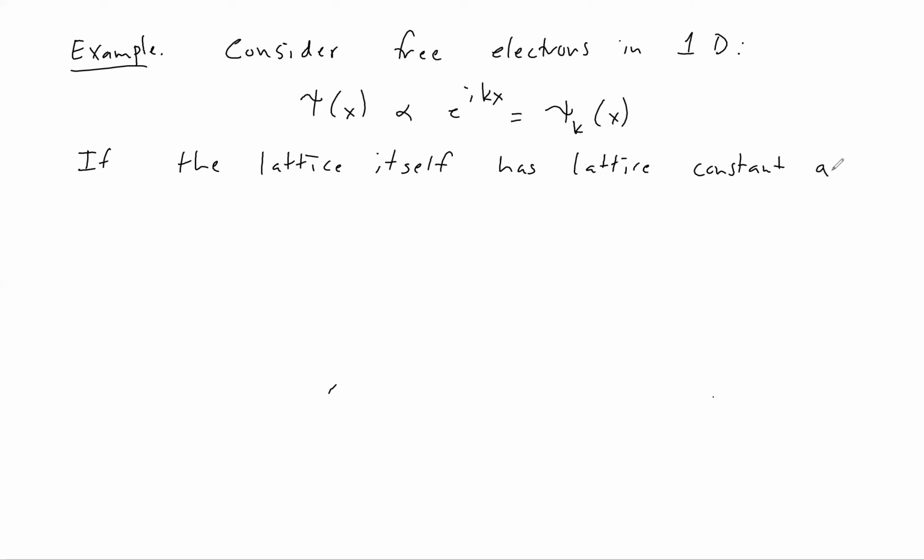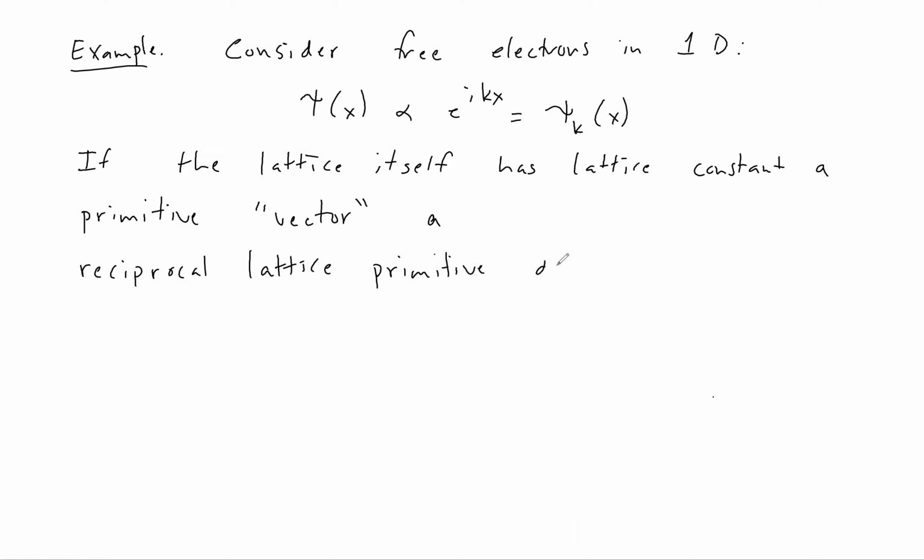We can associate a primitive vector, which is not really a vector in this case, it's a primitive distance, with a, that lattice constant. We can say that the reciprocal lattice primitive distance is 2 pi over a. Remember that we construct the first Brillouin zone essentially by bisecting the line between the origin and the nearest reciprocal lattice points.